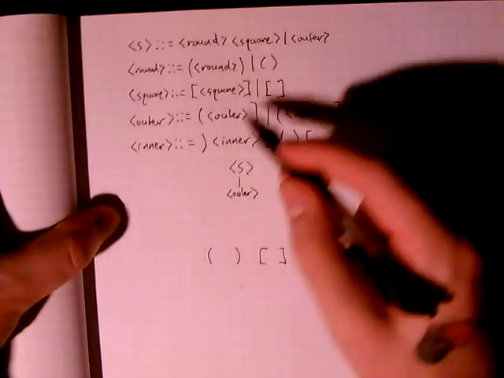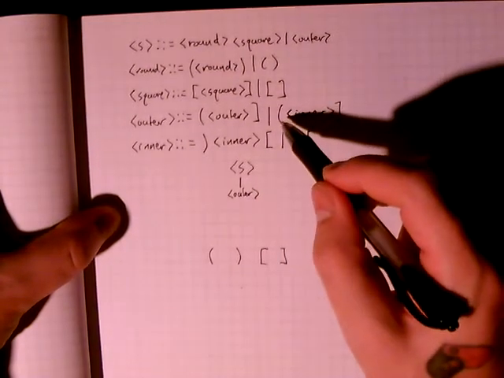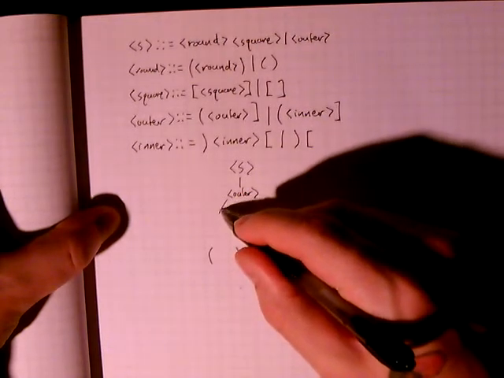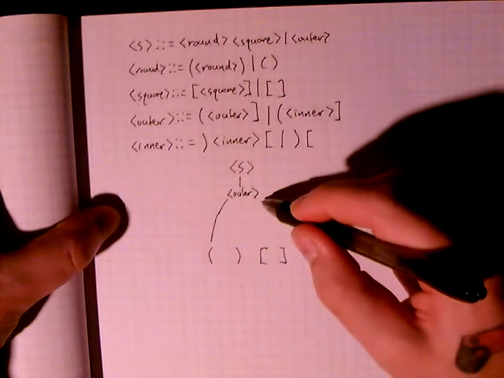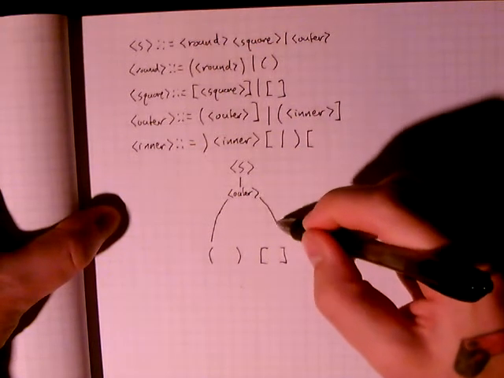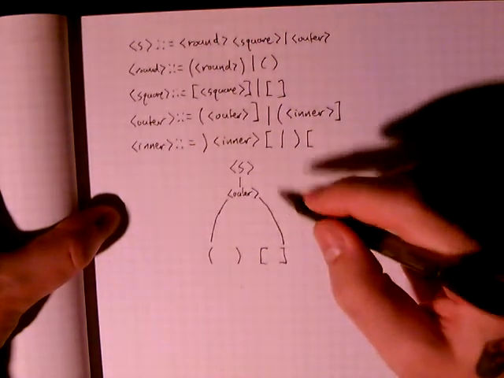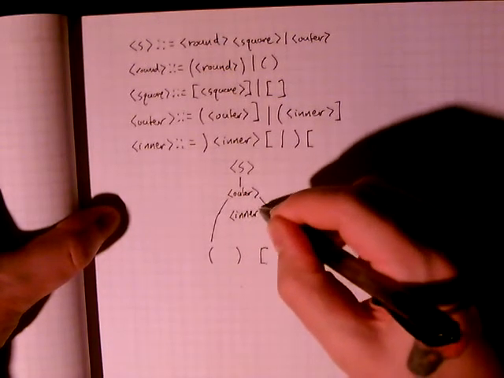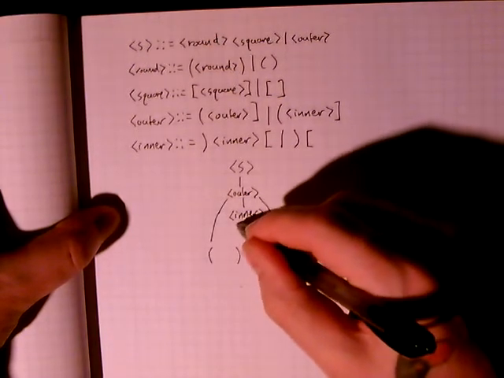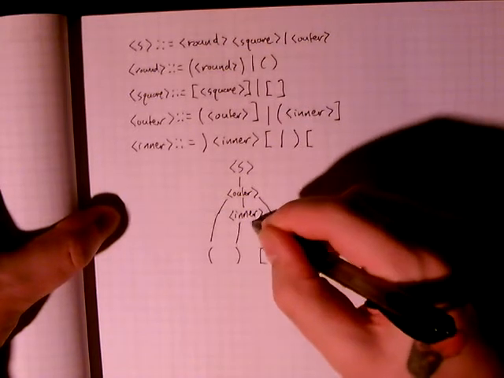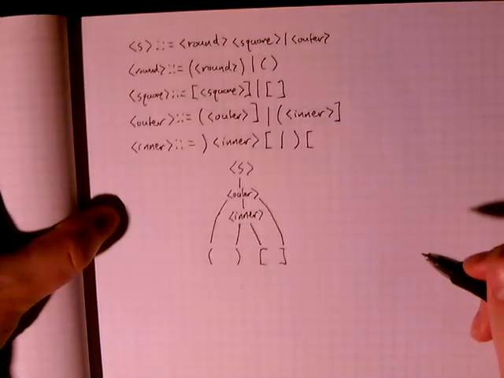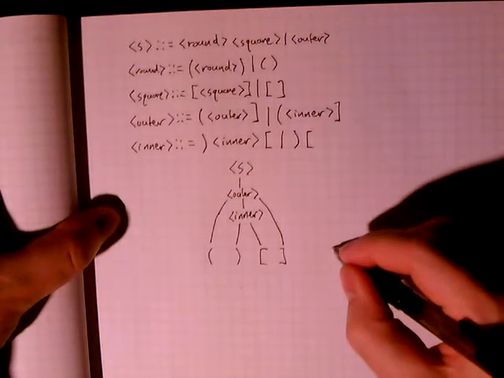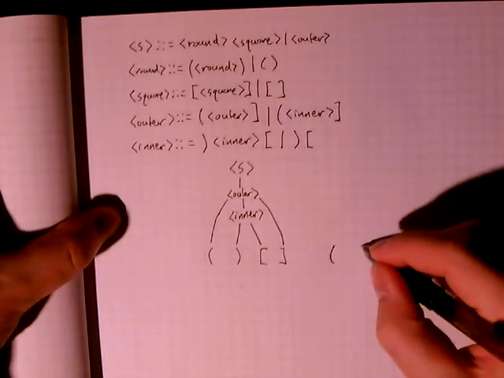So the outer part matches to the outer parenthesis and the outer square bracket, and then we have inner, which then matches to the inner 2 brackets. Okay, pretty simple.